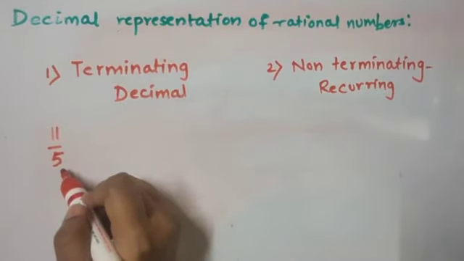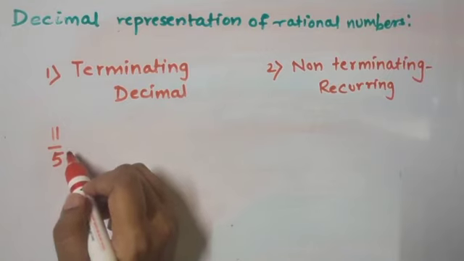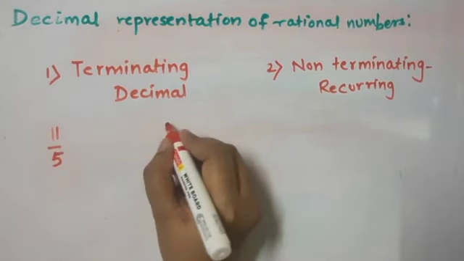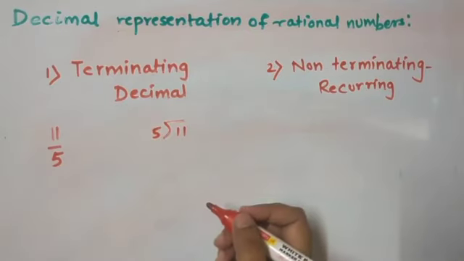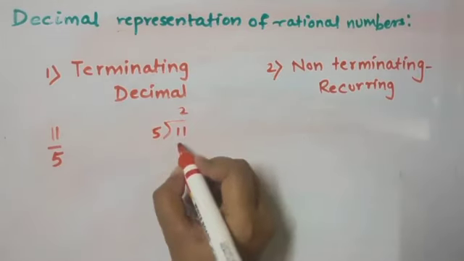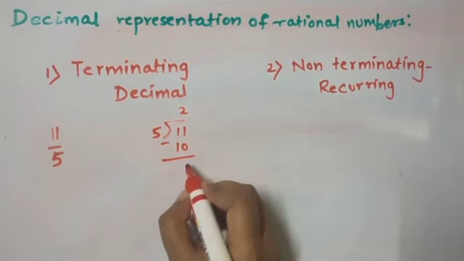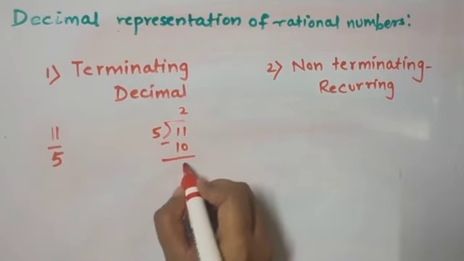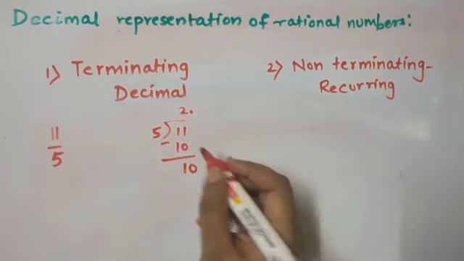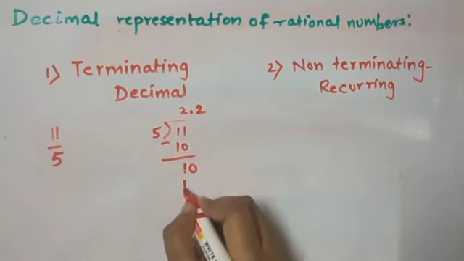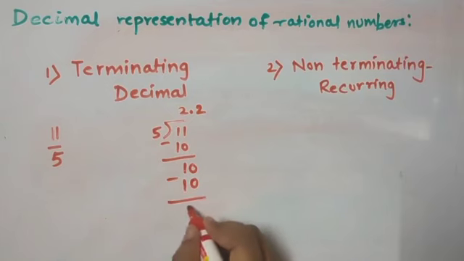Suppose 11 upon 5 is a rational number. So we have to divide 11 by 5. 5 2s are 10. 11 minus 10, 1. We will take the decimal point here, and 0 here. 5 2s are 10. 10 minus 10, 0.